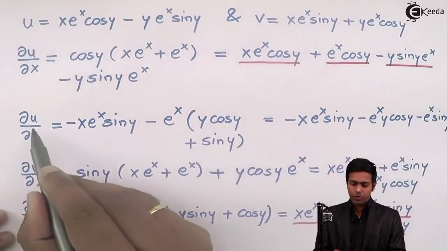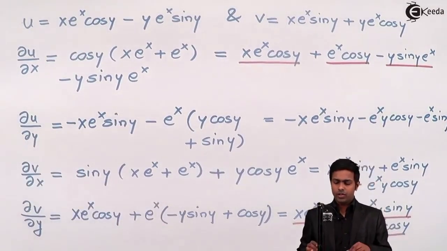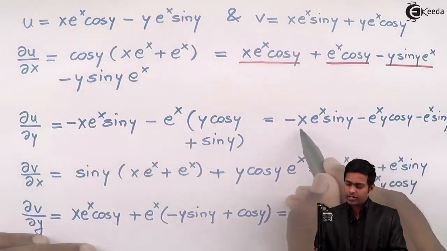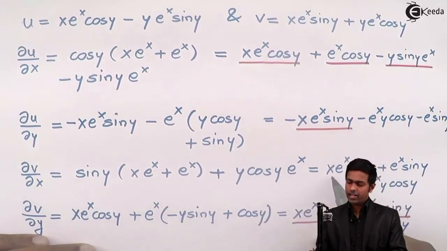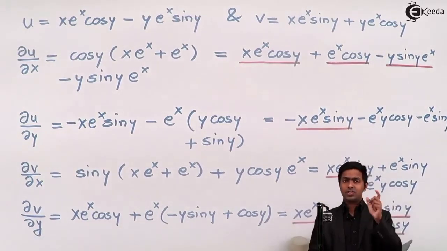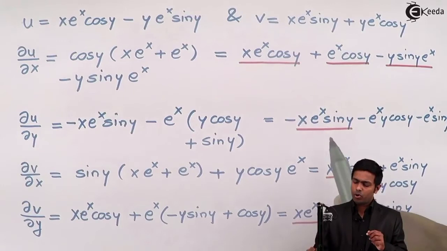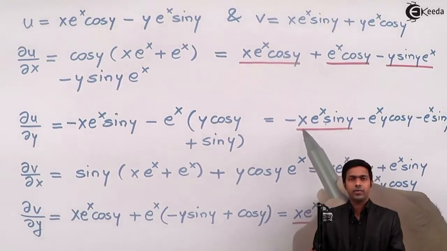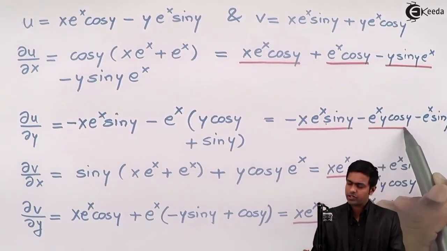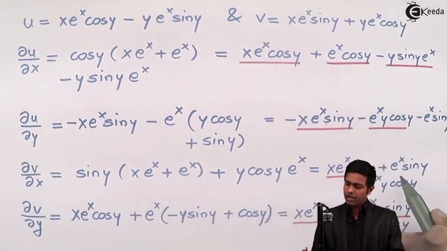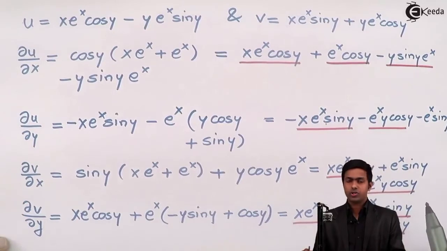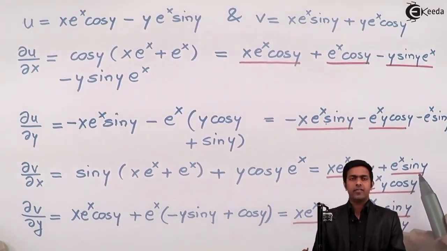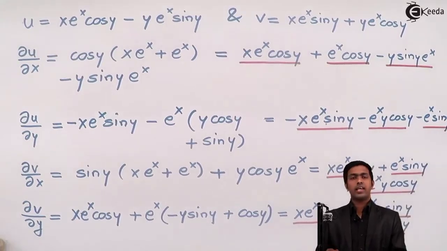Now let's see the other two equations. So here we have dou u by dou y and dou v by dou x. Here we have a term minus x e raised to x sin y, and here we have x e raised to x sin y. So guys, just observe the difference. Both terms are the same but opposite in sign. One is positive, one is negative. Next, we have e raised to x y cos y, which is negative, and here we have e raised to x y cos y, which is positive. And the last one, e raised to x sin y positive and e raised to x sin y negative.